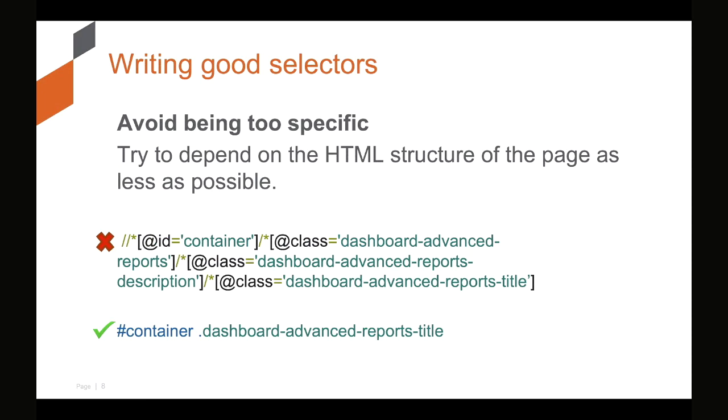You don't have to have the entire hierarchy of elements defined as part of your selector. Try not to be too strict with the layout information, and try to be a little more concise and just have enough information to uniquely identify the element, as in the last example.